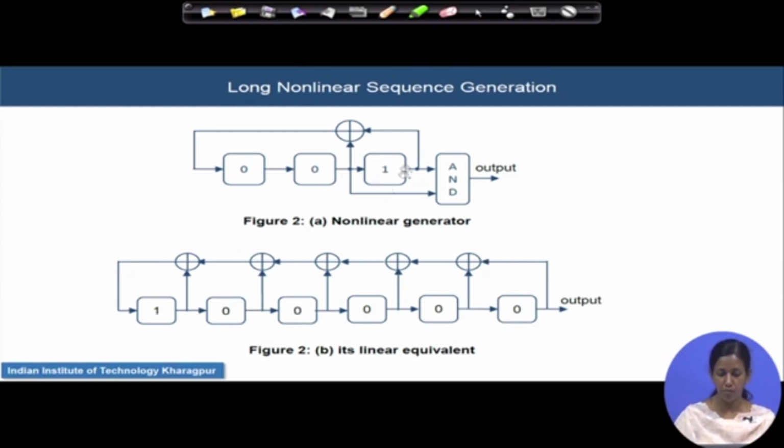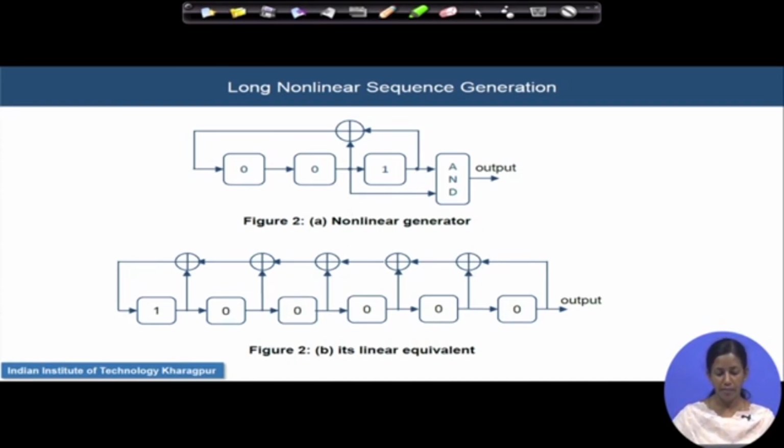The repetition is 7. So here you keep 6 stages, and if I linearly combine all the stages in the feedback path and feed it back to the initial stage, we will see that both circuits generate the same sequence.